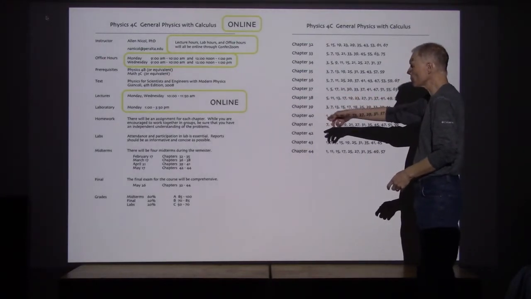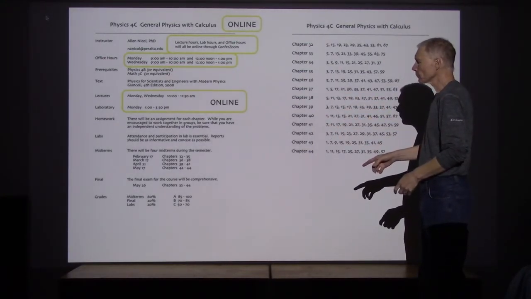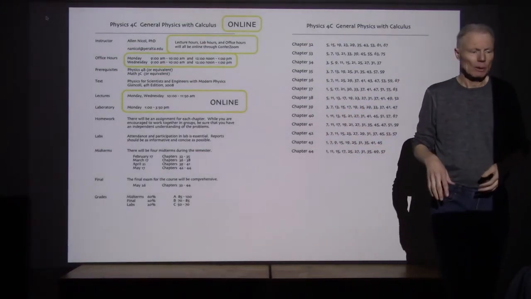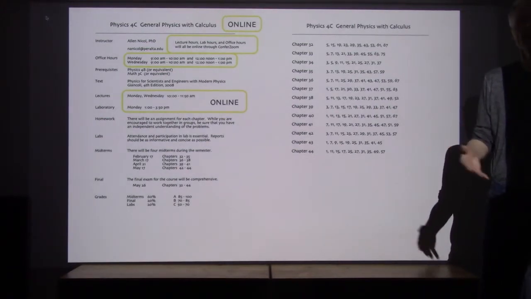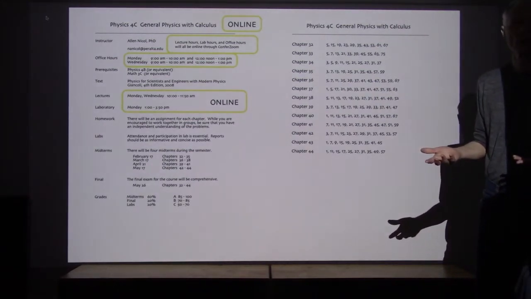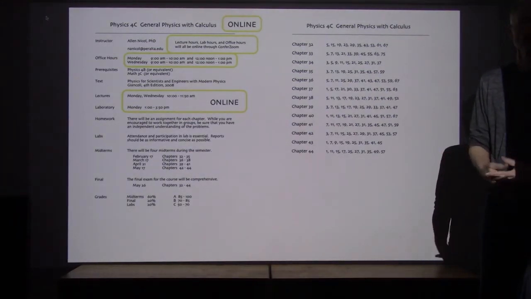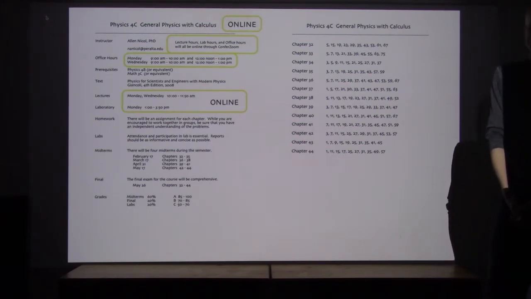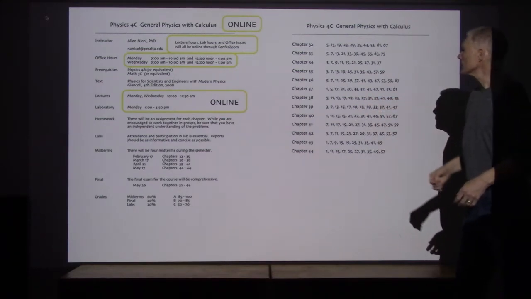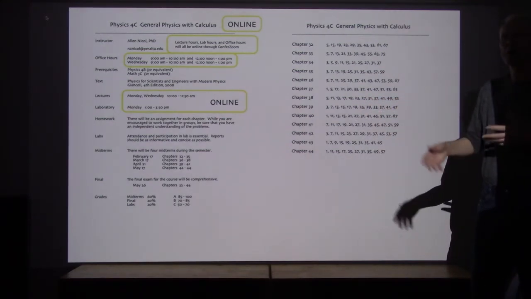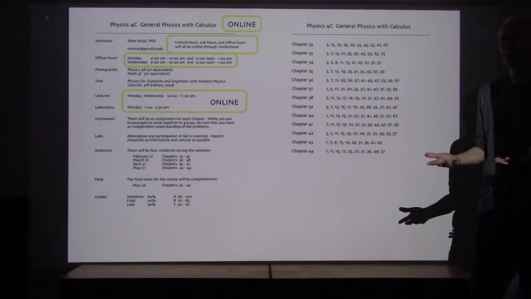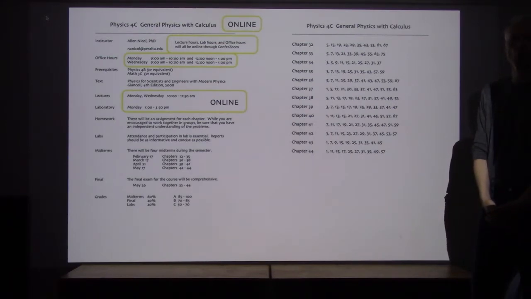So when we get to midterms and the final exam, many of the problems are going to be similar in terms of the way that they're set up, but they're not going to be just duplicates of the homework problems themselves. So think more generally when you're solving these homework problems: how could I change this problem around, and how would a problem like this maybe appear on a midterm or a final exam?